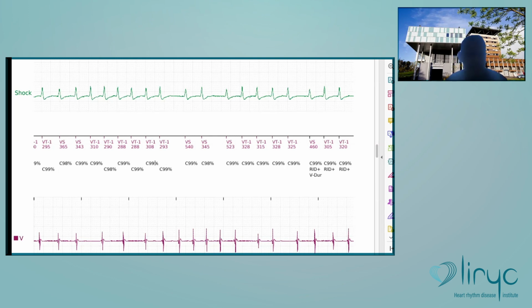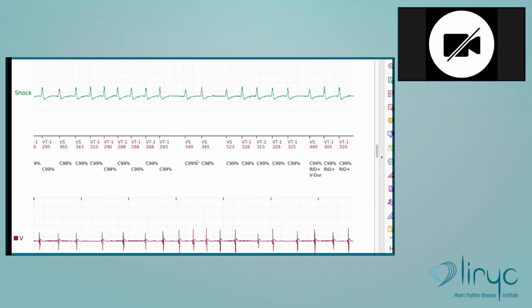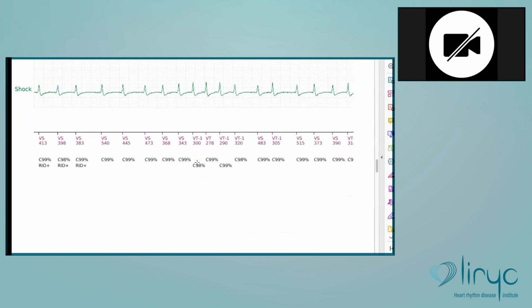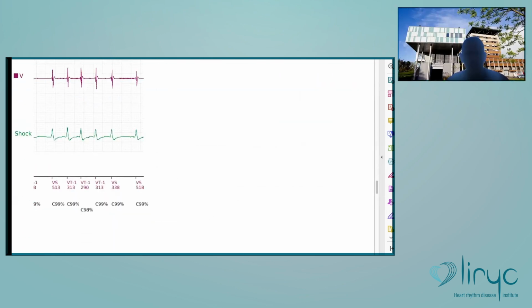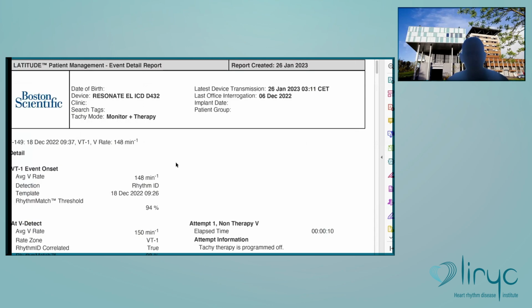If at a minimum 3 are considered correlated, then it's going to be read plus, and it's going to be considered as an SVT. So here, clearly, that's an episode of atrial fibrillation, and it has been well discriminated by the device.